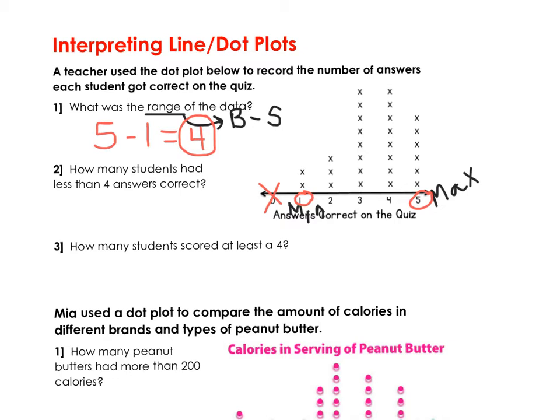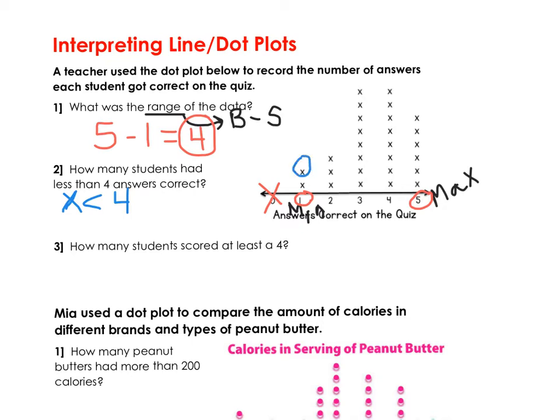So let's stop and think real quick. We don't include the number 4, because here, I'm just going to write the inequality. We want x to be less than 4. Less than means we're not going to include the x's that are above 4. We just want the x's that are under 4. So let's go ahead and count those x's.